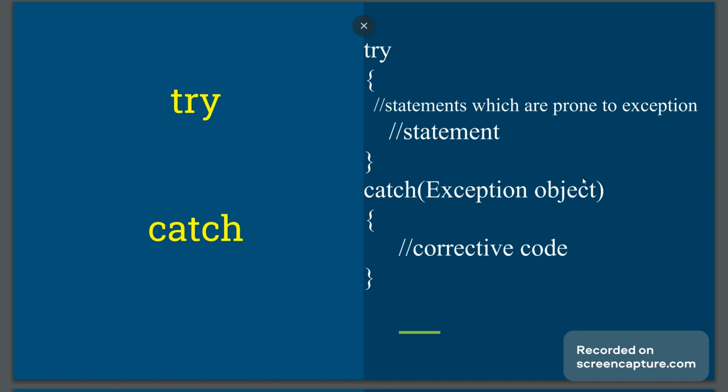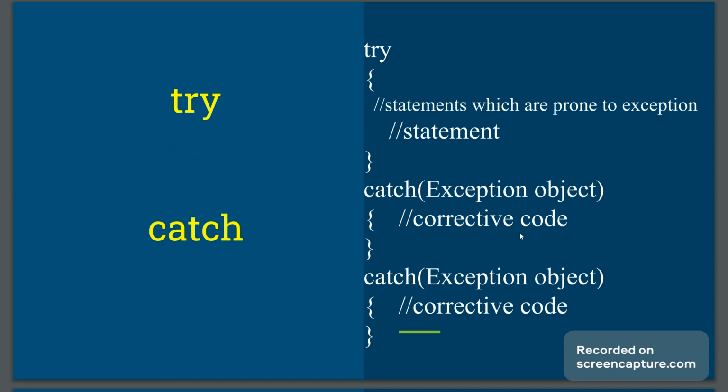In the try block we write the statement which may cause an exception, and immediately after the closing bracket of try we write the catch block, which will have the object of exception class in the bracket as a parameter, and we write the corrective or handling code in the catch block. One try may have multiple catch blocks, and the matching catch block will execute whenever we run the code.